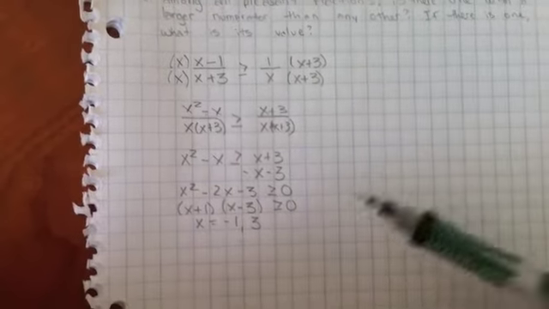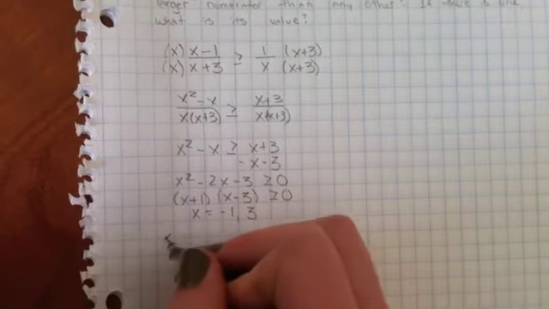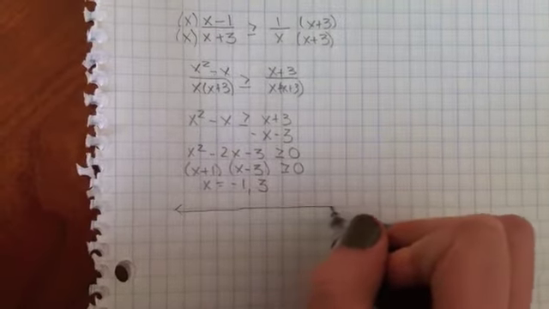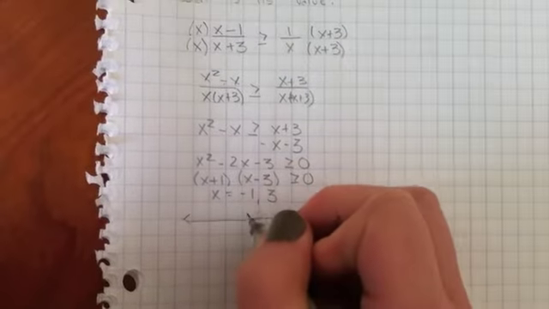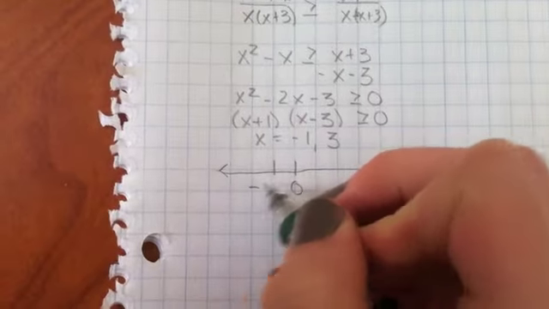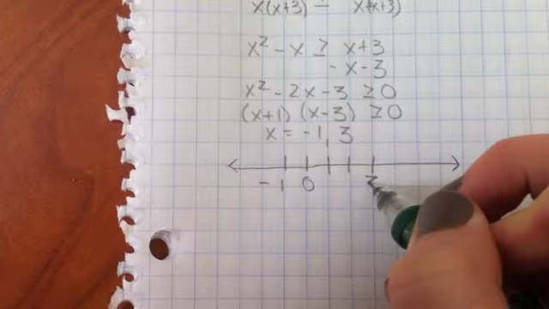And since we did this and didn't use cases, we can plot it on a number line. So 0 and then negative 1, 1, 2, 3.